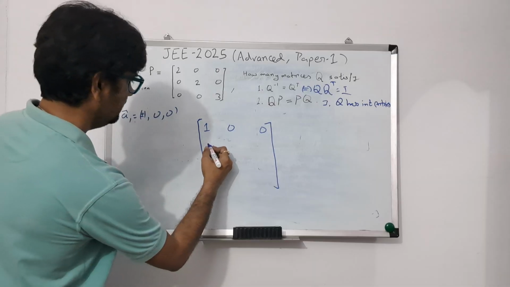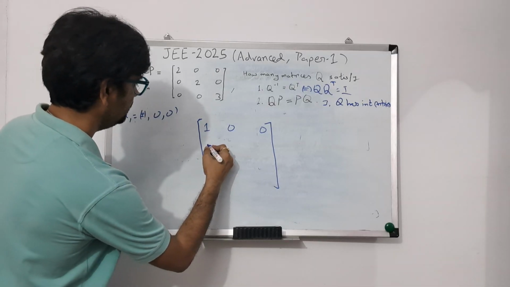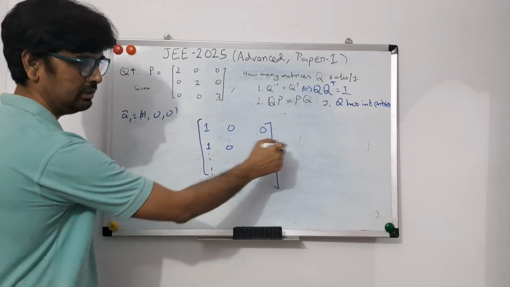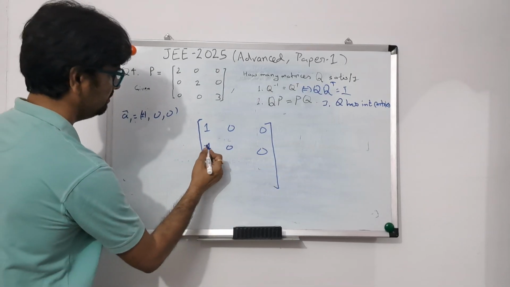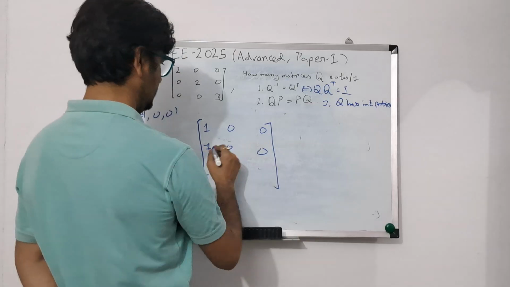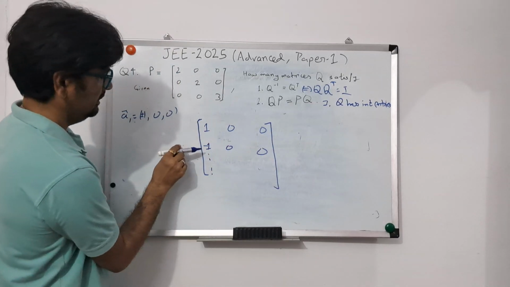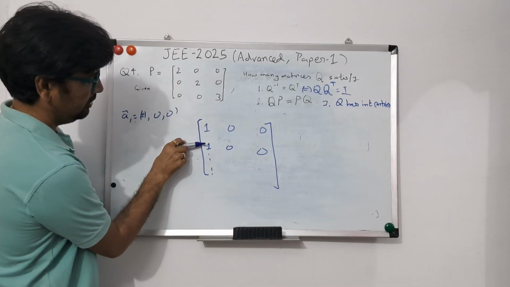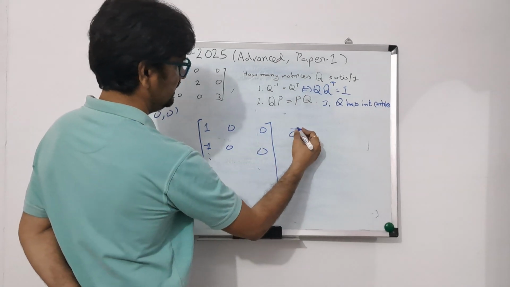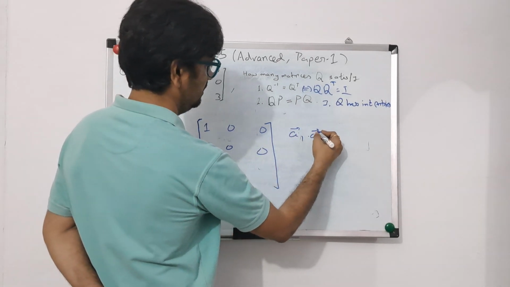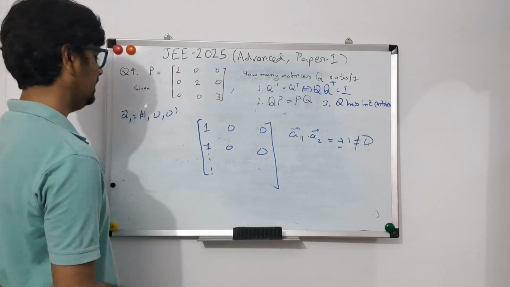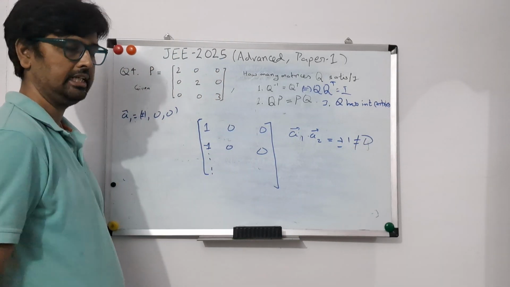If A2 has 1 here, then A1 dot A2 equals 1, or if it was minus 1, then A1 dot A2 equals minus 1. So if A2 has a non-zero entry in the first column, then A1 dot A2 equals plus or minus 1, which is not equal to 0, and that violates one of our conditions that we derived earlier.